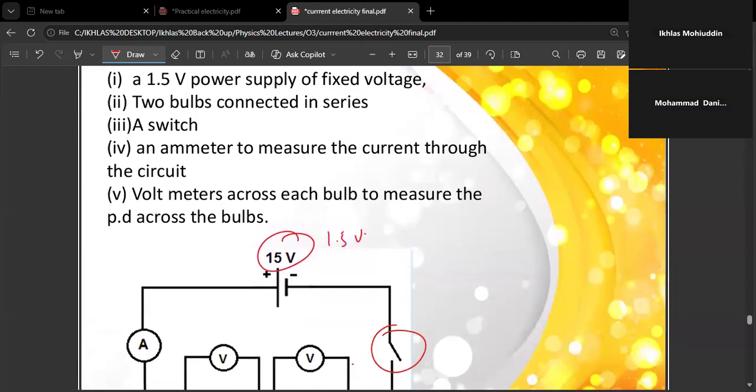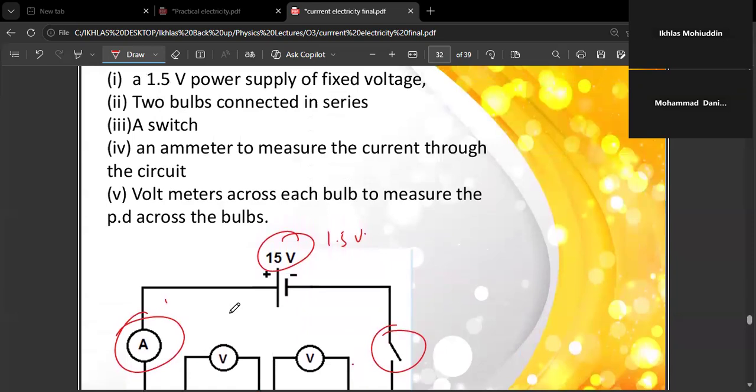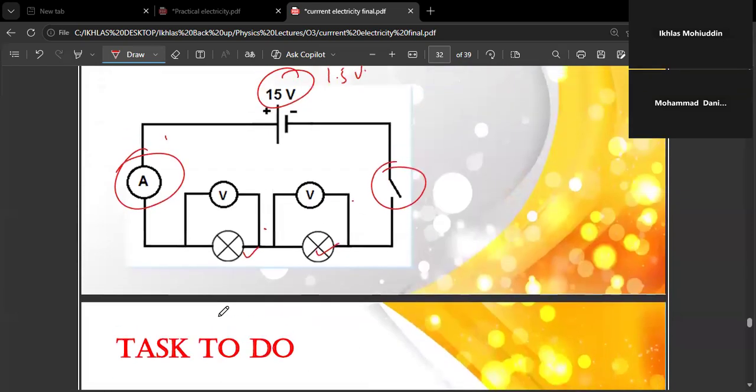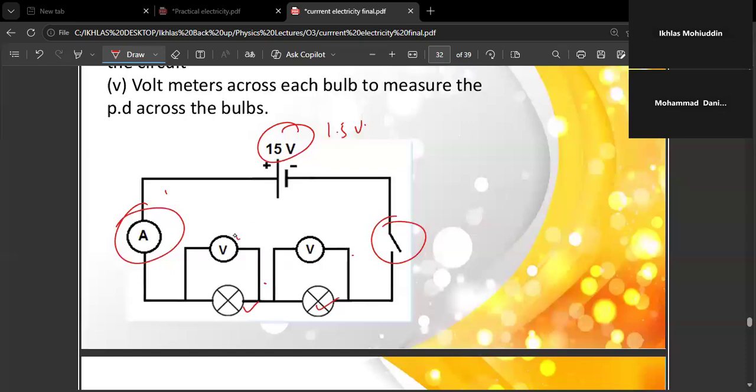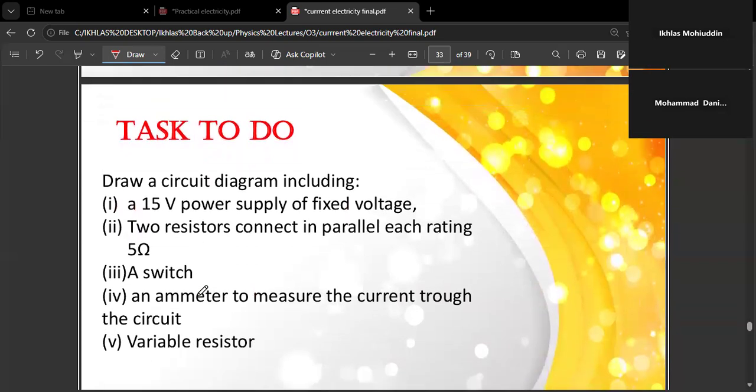An ammeter to measure the current through the circuit, so it must be connected in series here, and voltmeters across each one to measure the potential difference across them. Right?